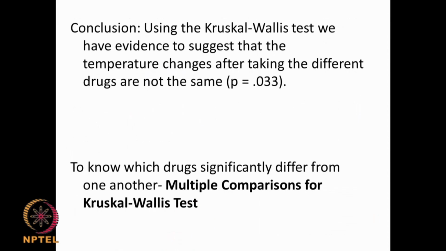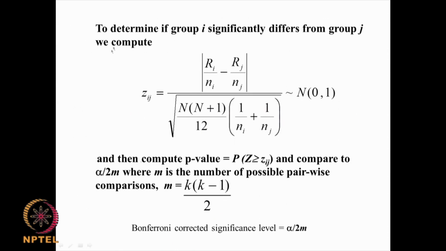Once you do that, you go into multiple comparisons for the Kruskal-Wallis test. In that multiple comparison you calculate Zij, comparing two cases i and j, and then you calculate the probability from this. After that there is the Bonferroni corrected significance level, where alpha is 0.05 over 2m, and m is given by k into k minus 1 by 2.